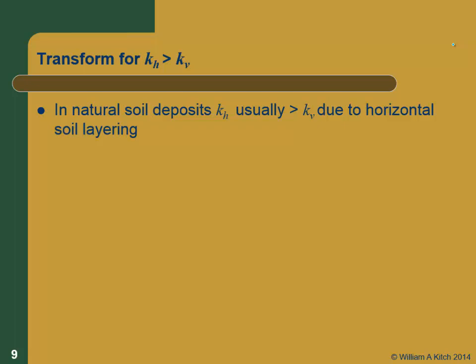If we have a layered system like the ones we looked at last lesson, but it's consistent across the whole site, then instead of trying to calculate the flow in each layer, it might be easier to treat it as a homogeneous equivalent material with a hydraulic conductivity in the X direction that's higher than the Z direction. Very, very common. So we're going to talk about how to solve for that.